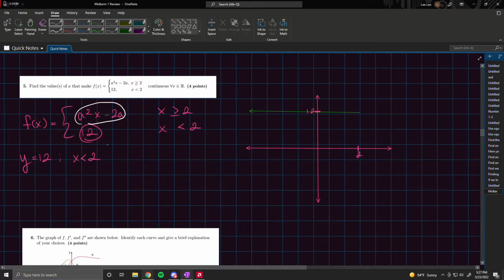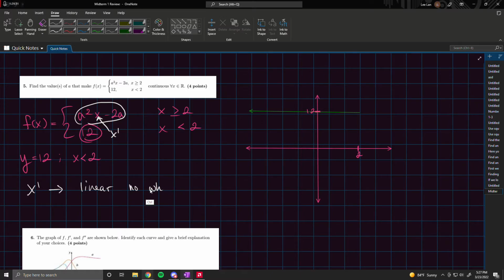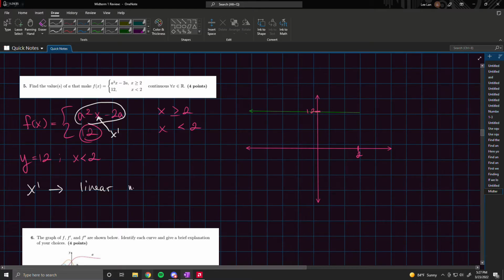Sure, it's a variable, but it doesn't affect the overall shape of our graph. What does affect the shape of our graph is this x right here, and this is x to the first power. So x to the first power is always going to be linear, no matter what.